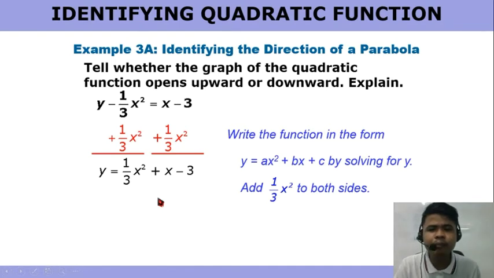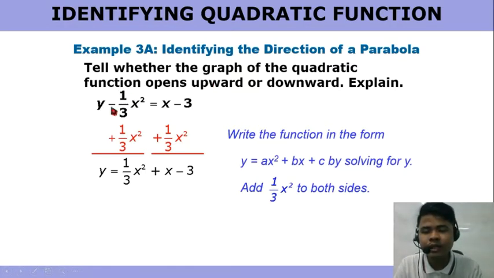Or we can apply the method of transposition, na kapag gusto nating i-transfer ang isang value to the other side of the equation, we just need to change its sign. Okay, if we want to transpose negative 1/3 x squared to the right side, we can directly transfer it, but change the sign.